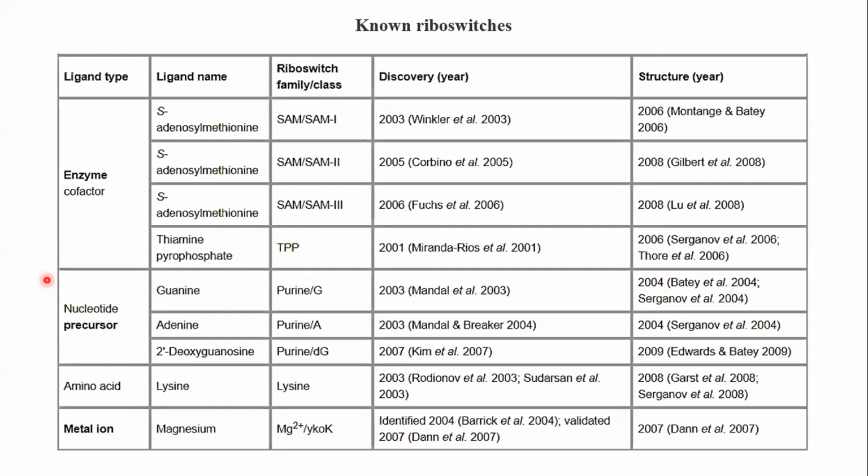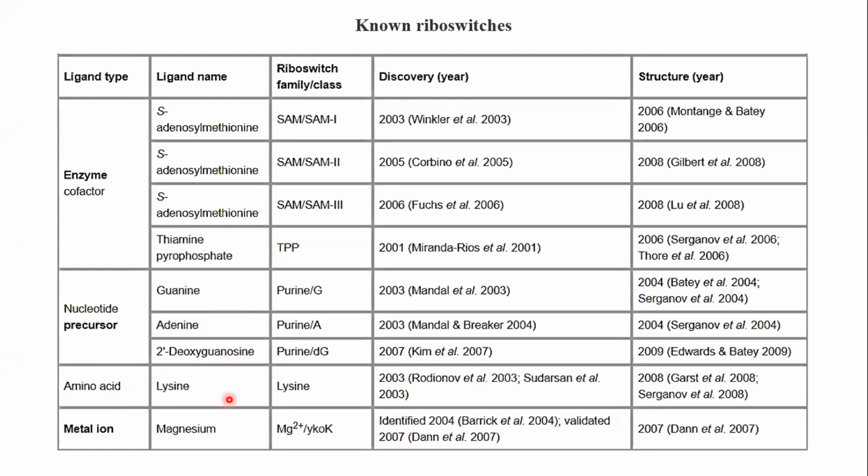Then second is nucleotide precursor: guanine, adenine, and 2' deoxyguanosine. This is a riboswitch family that has these 3 ligands. The same riboswitch has a specificity for 3 ligands, so this is again a special type of riboswitch. Then amino acid, lysine.